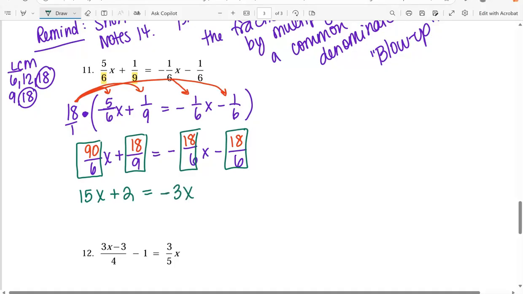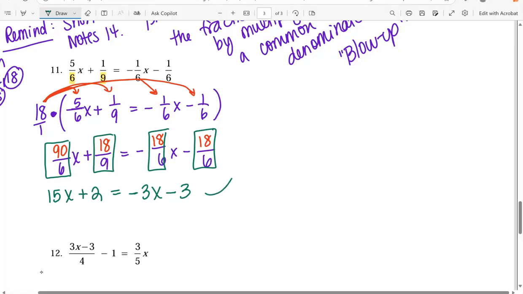I still have an x. Still have a negative. 18 divided by 6 is 3. Now I can go into the solve process. That blow up number is just the ability to get rid of our fractions, blow them up, get them gone before we go through the process of solving.